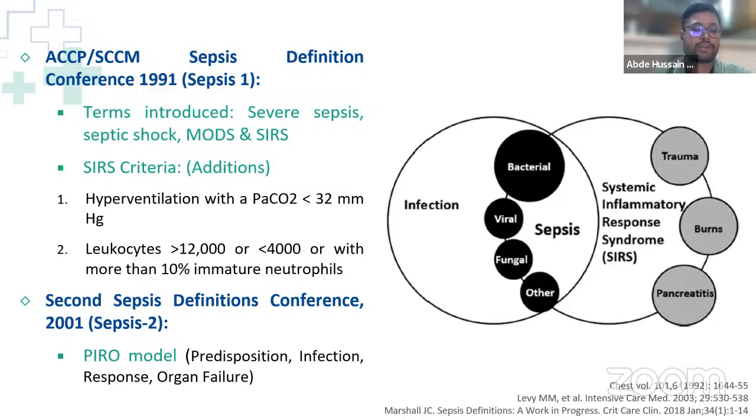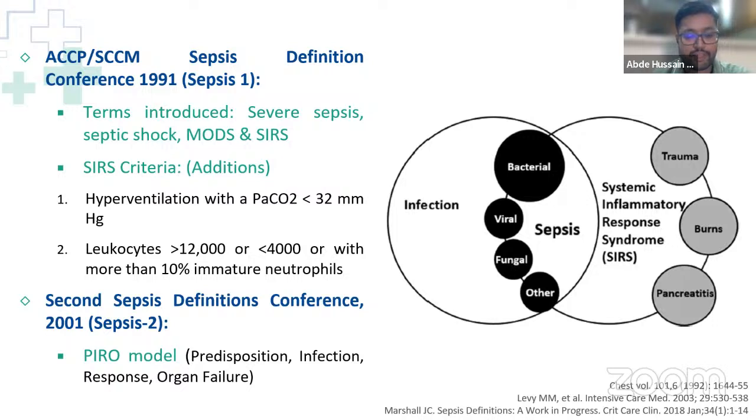Also, the SIRS criteria was defined as a clinical syndrome of systemic inflammation independent of its triggering cause. The SIRS criteria added to the previous sepsis syndrome of fever, tachycardia, and tachypnea: hyperventilation with a PaCO2 of less than 32 mmHg, and leukocytes either more than 12,000 or less than 4,000, or with more than 10% immature neutrophils.